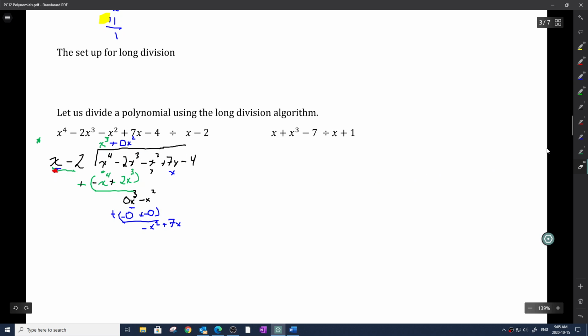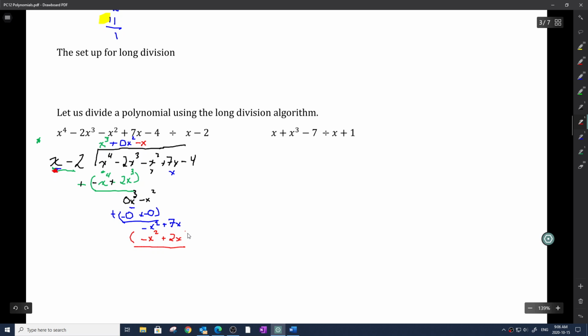Here we are. X times what gives me negative x squared? It should be negative x. Negative x times x gives me negative x squared. Negative x times negative 2 gives me positive 2x.